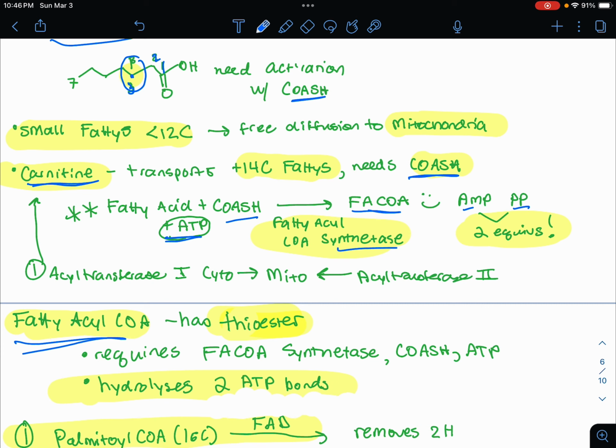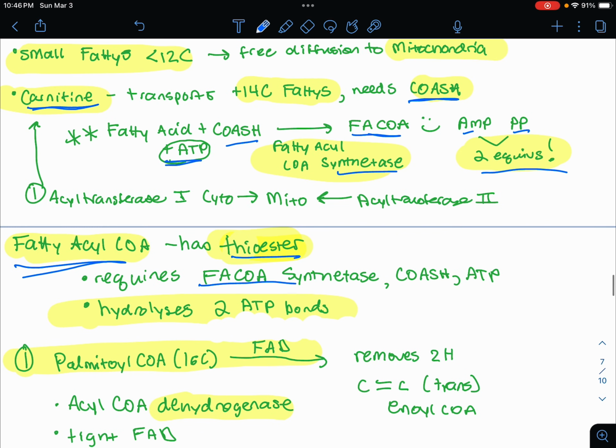You're not using 2 ATPs, however, you're going to hydrolyze 2 phosphate bonds, so that's why it's 2 equivalents when you're working with fatty acyl-CoA synthetase. So fatty acyl-CoA has a thioester. Again, we talked about the synthetase enzyme that it needs. We also talked about CoASH and ATP. It hydrolyzes 2 of those ATP bonds.